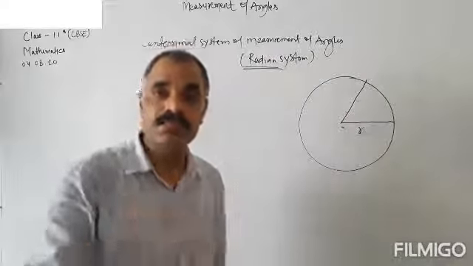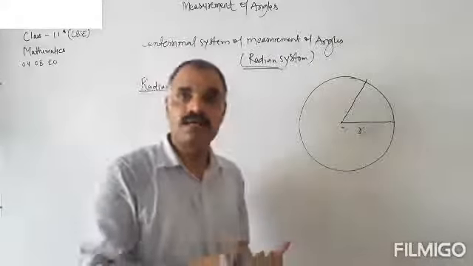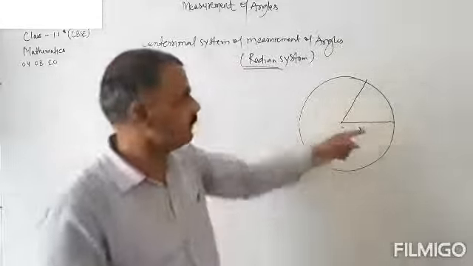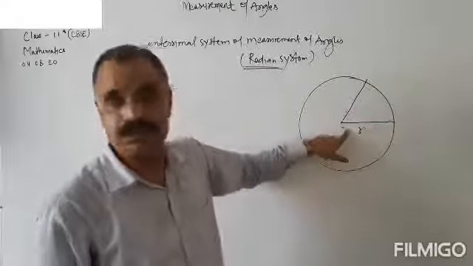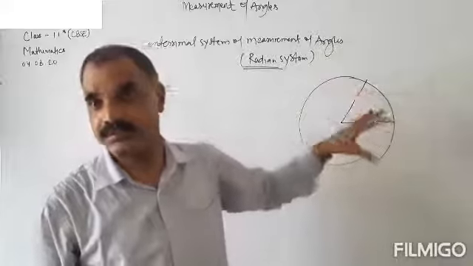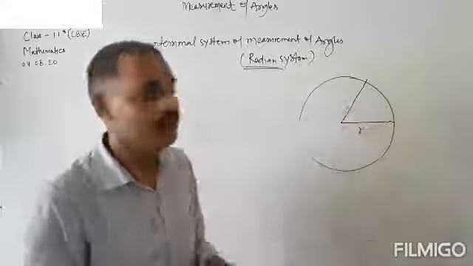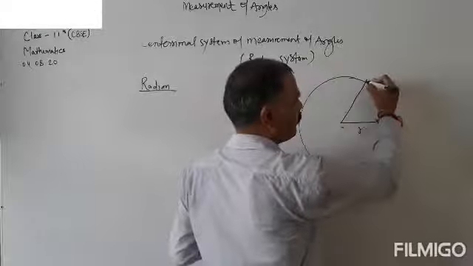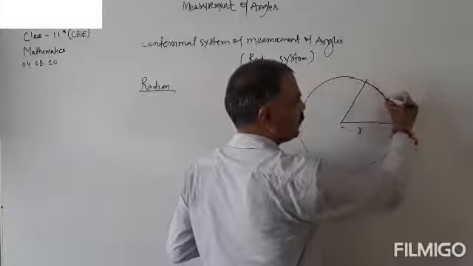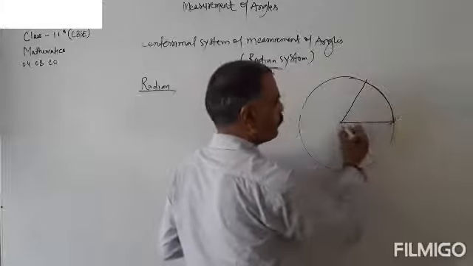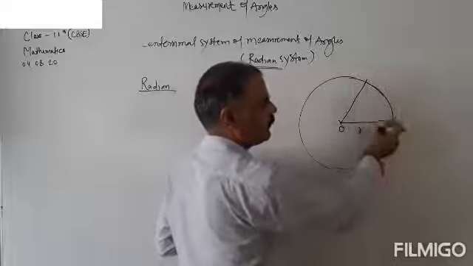The angle subtended at the center by an arc of length equal to the radius of the circle is said to be 1 radian.